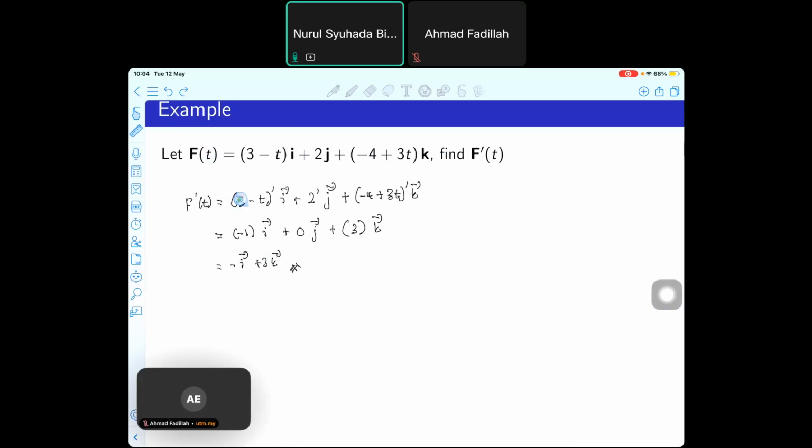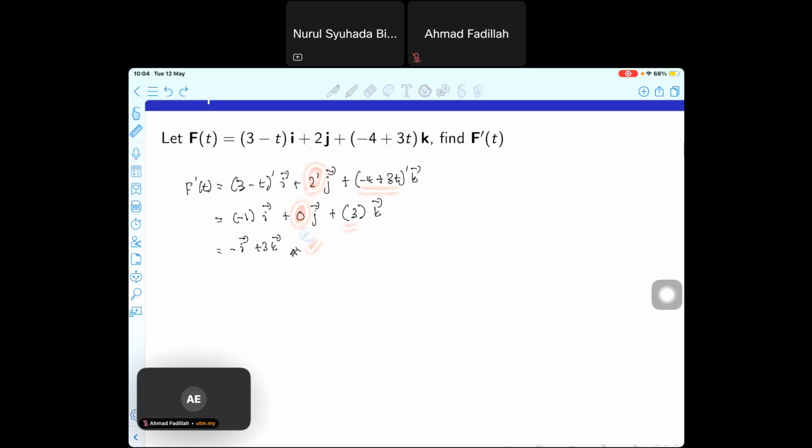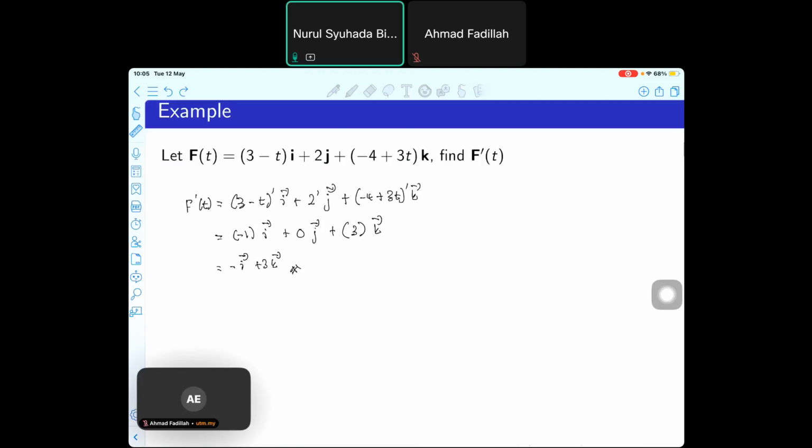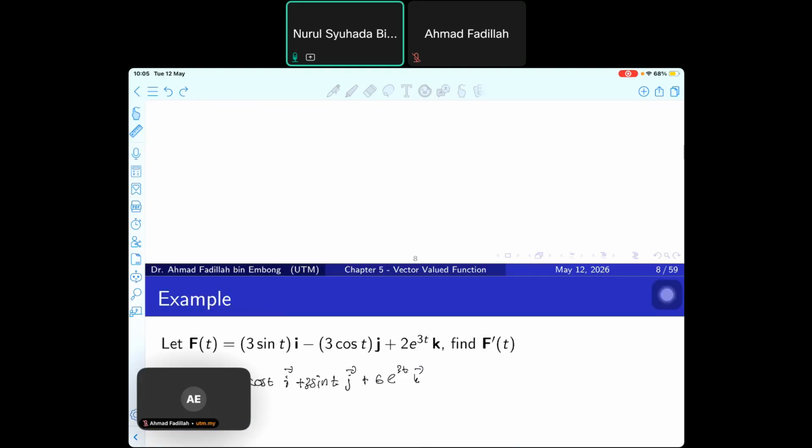Therefore, the derivative of 3 minus t is equal to -1. The derivative of 2 is equal to 0. And the derivative of -4 plus 3t is equal to 3. So here is the final answer, -1i plus 3k. Of course you can stop the video and try to do it on your own if you don't understand.